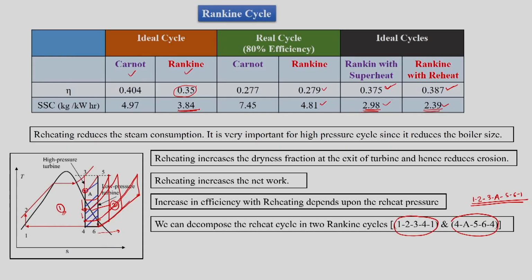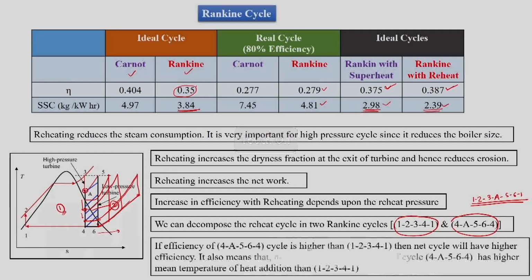So, since cycle 2 has lower efficiency, if we reheat at lower and lower pressures, the integrated Rankine cycle will have lower efficiency. So, the mean temperature of heat addition of cycle 2 is important, and if it is higher than cycle 1, then obviously we will have higher efficiency of the integrated cycle.